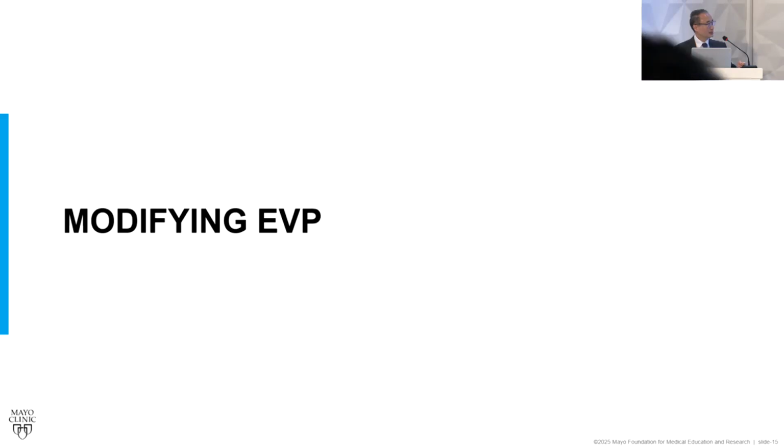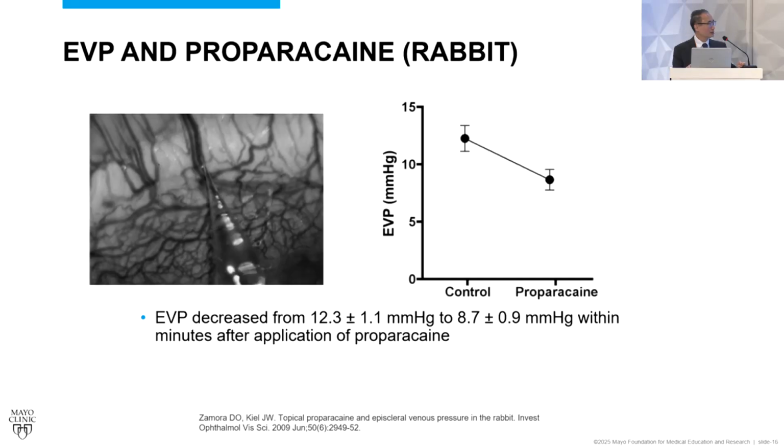In humans, though, there are other studies. In rabbits, one of the things that, again, Jeff Kiel showed is that proparacaine can decrease episcleral venous pressure, a pretty significant drop, using their system where you take down the conjunctiva, place proparacaine on the eye, and measure directly with an invasive procedure to cannulate the vessels.